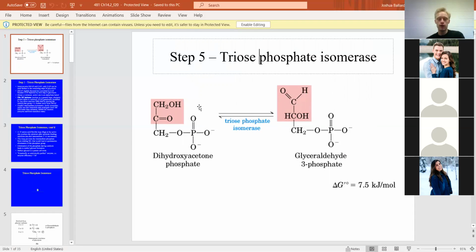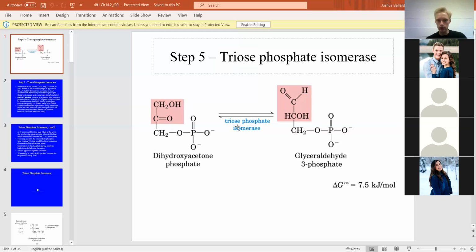So step 5, well, let's go back to step 4. From the fructose 1,6-bisphosphate, we create two products, dihydroxyacetone phosphate and glyceraldehyde 3-phosphate. Now, glyceraldehyde 3-phosphate is the only product that can move forward in glycolysis. Dihydroxyacetone phosphate needs to be converted to glyceraldehyde 3-phosphate, and it does this through the enzyme triose phosphate isomerase.